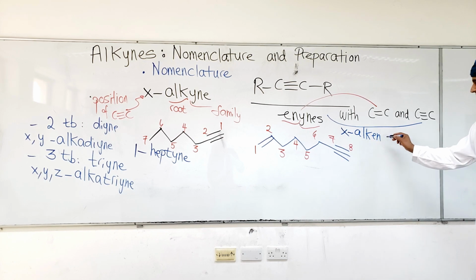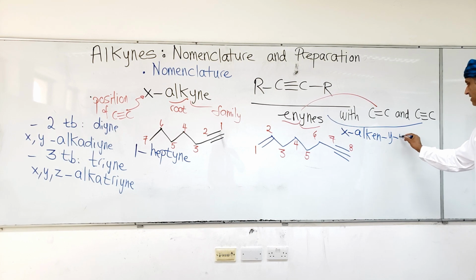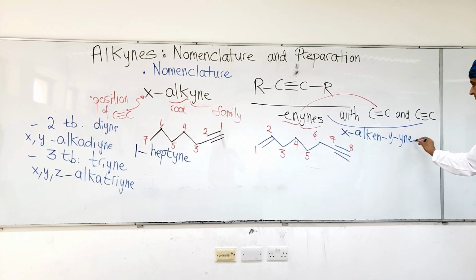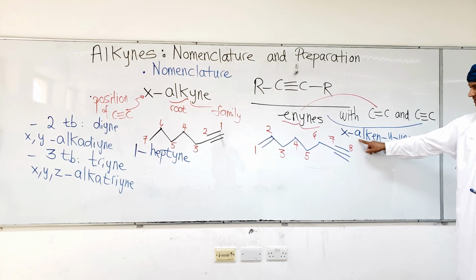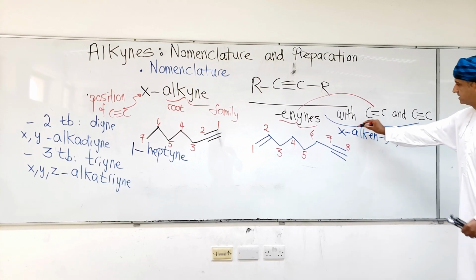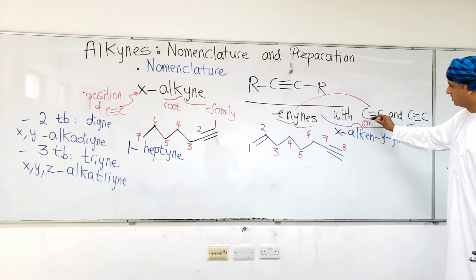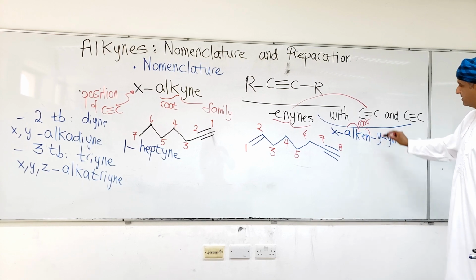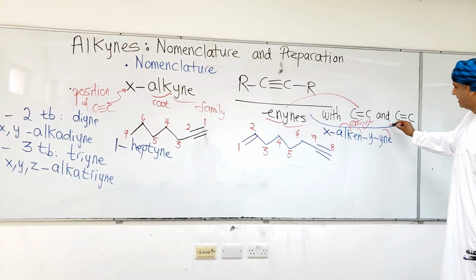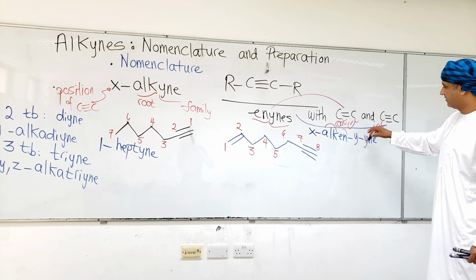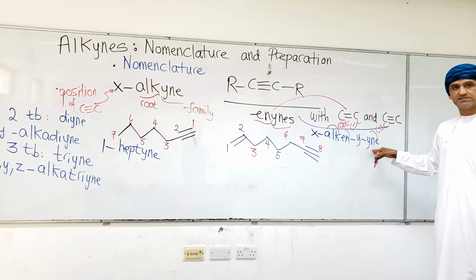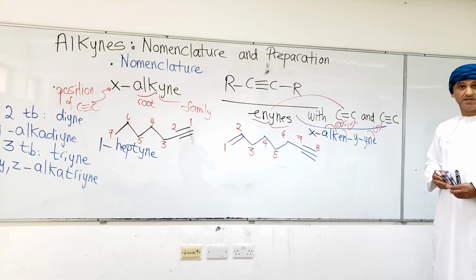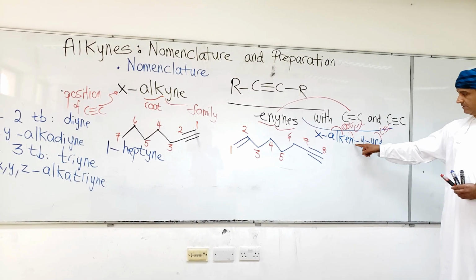Alk is the root, and then dash Y dash yne. Alk is the root of the chain. Ene reflects the carbon-carbon double bond, and yne reflects the carbon-carbon triple bond. And of course, X is the position of the carbon-carbon double bond, and Y is the position of the carbon-carbon triple bond.